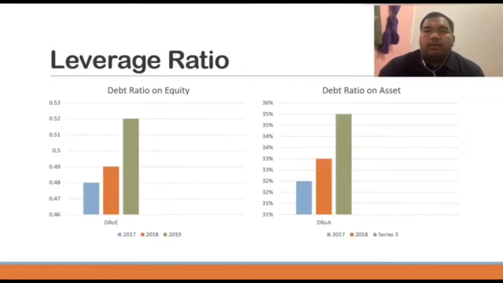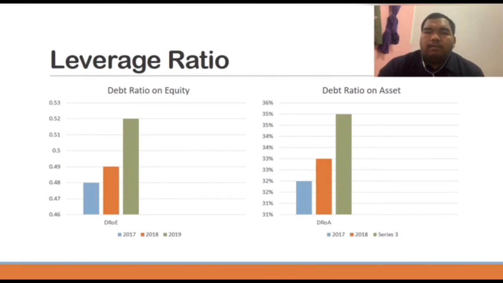Next, I want to present the leverage ratio of the hardset industry. The leverage ratio has two parts: debt ratio on equity and debt ratio on asset. From the result of debt ratio on equity, we can conclude that 2017 is the best for the hardset industry in terms of debt ratio on equity.